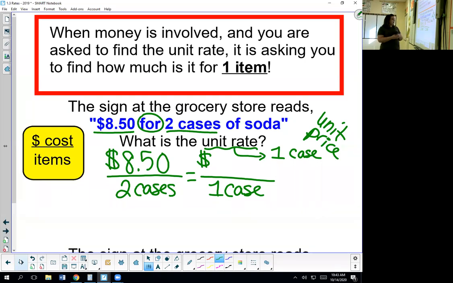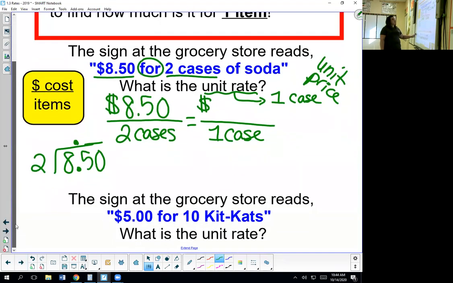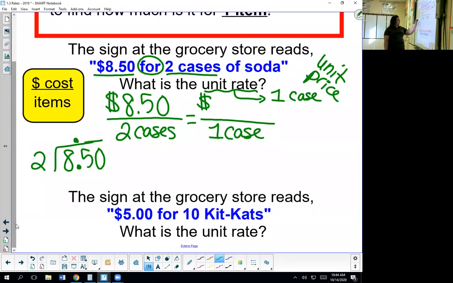Okay, so what are we gonna get? Well, we need to divide. Numerator always goes in the house, denominator goes on the outside. And then remember, we have a decimal, so we got to remember our rules. We raise it to the roof first, and then we're good to go. So here we go. How many 2's go into 8? That's 4. 0.